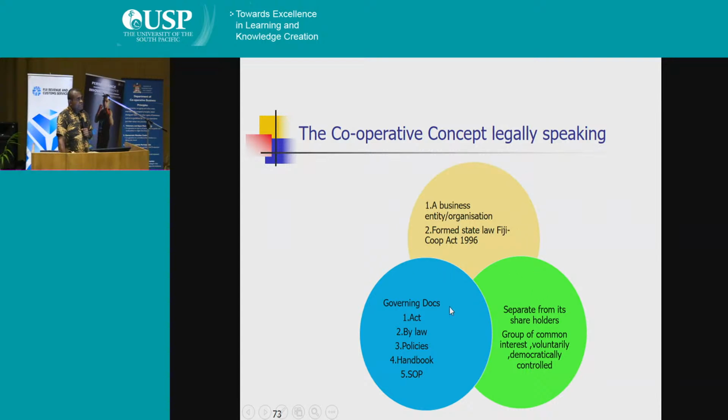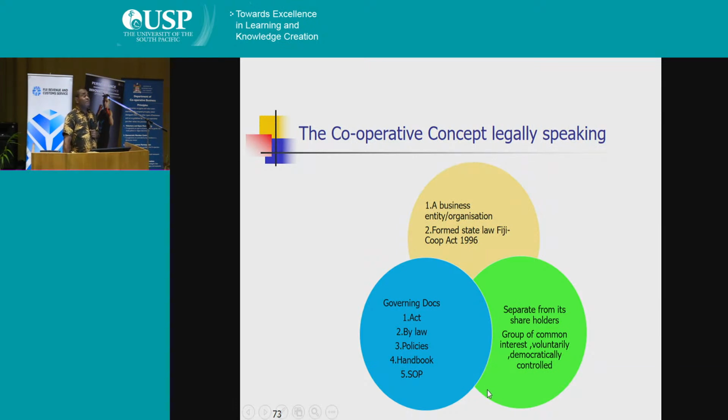In this business structure, the practice often employed by the members is voluntary and democratic. Where do you hear this word, democratic?